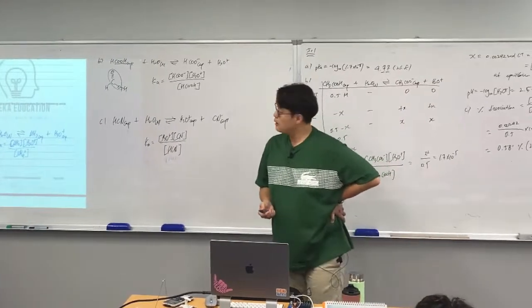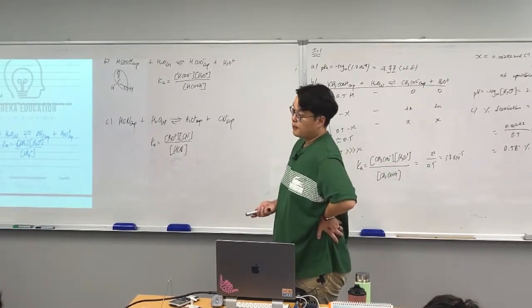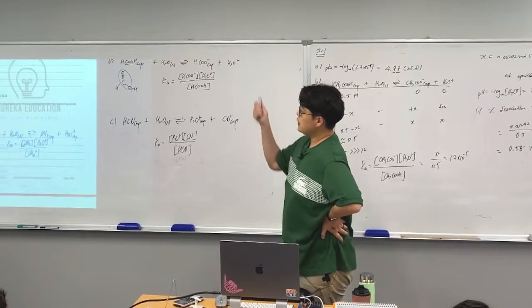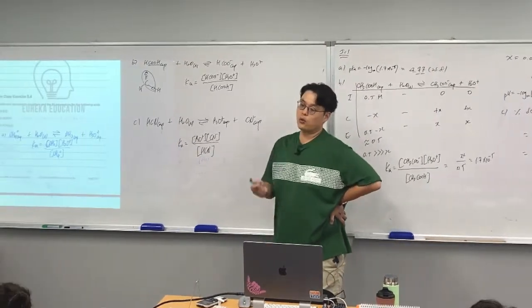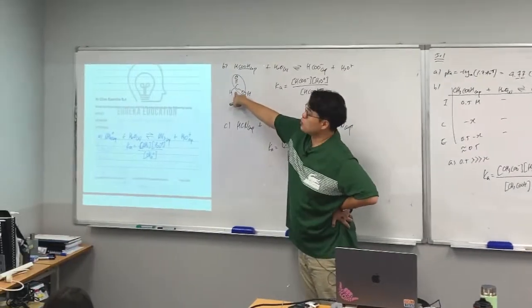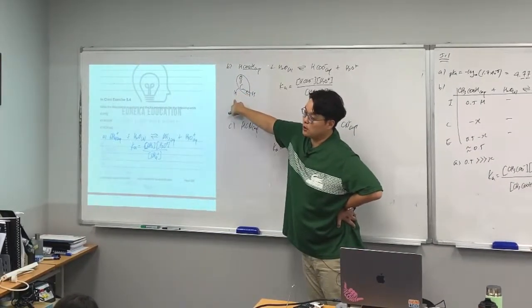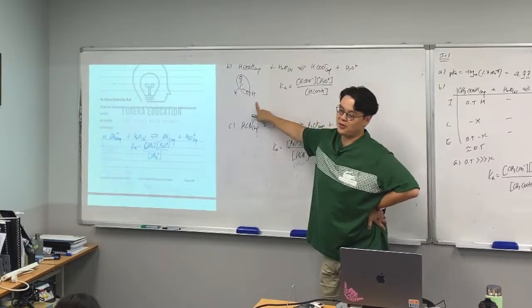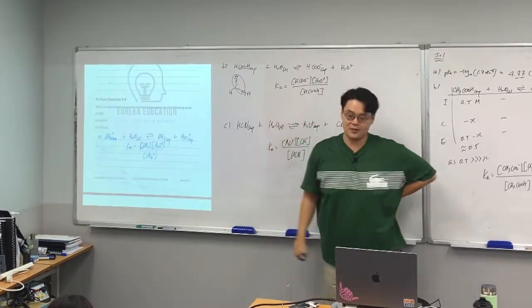Yes? So it doesn't matter if you write COH minus, or do you have to write HCOO minus? We have to write HCOO minus. That's more like organic chemistry forms, where the carbon would not lose the hydrogen, but rather the oxygen to hydrogen. If you remember the intermolecular forces, that's related.